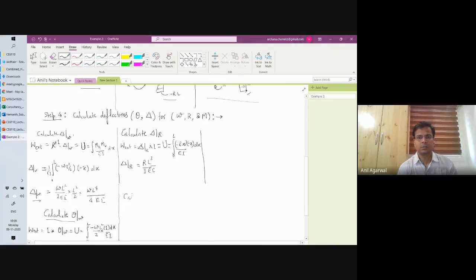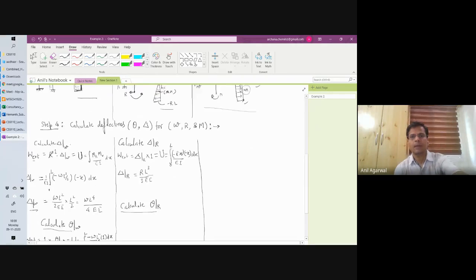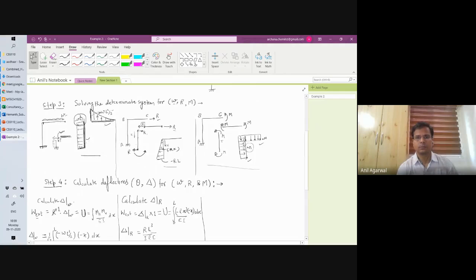Similarly, I can calculate theta because of R. Now for theta because of R, I want to know how much rotation this beam has at this free end because of R. So in order to know the value of rotation, I have to apply a virtual moment.